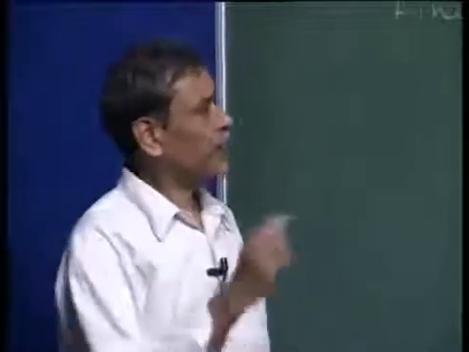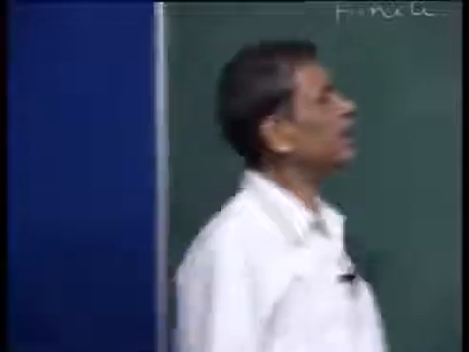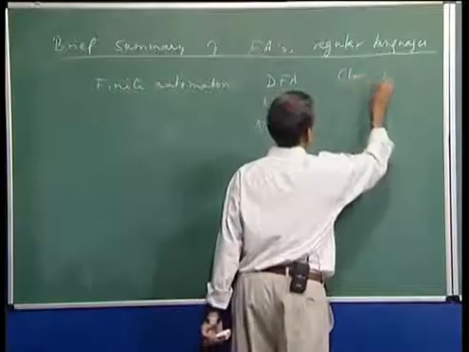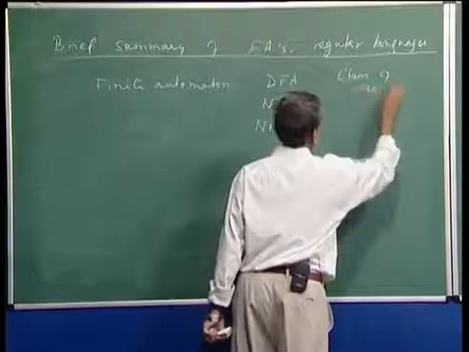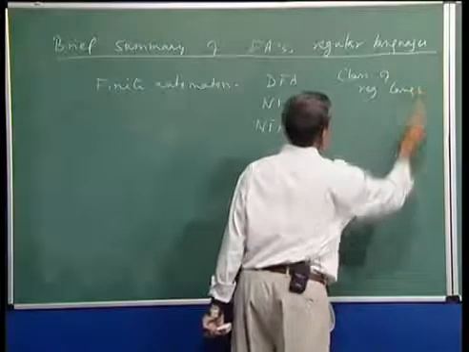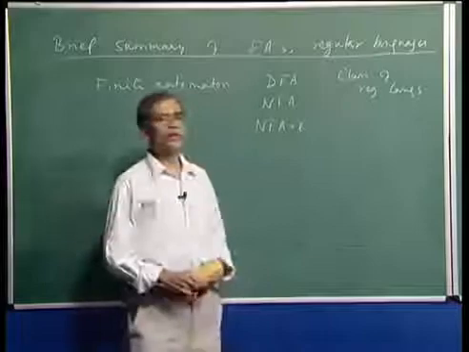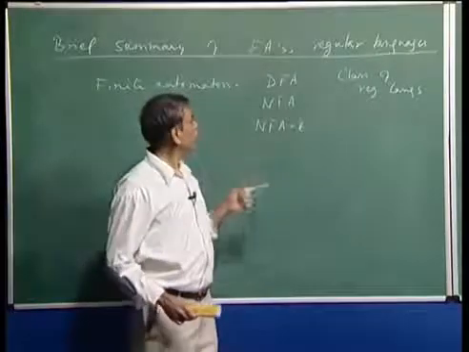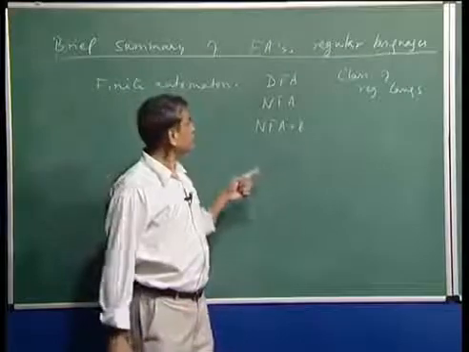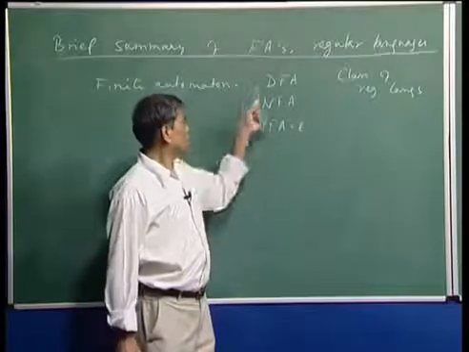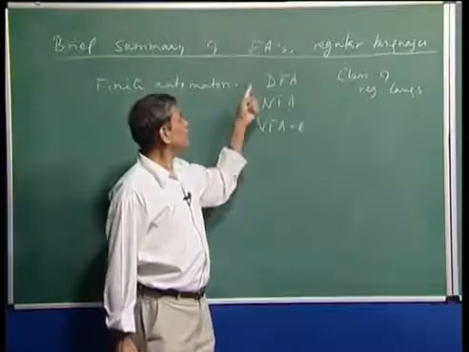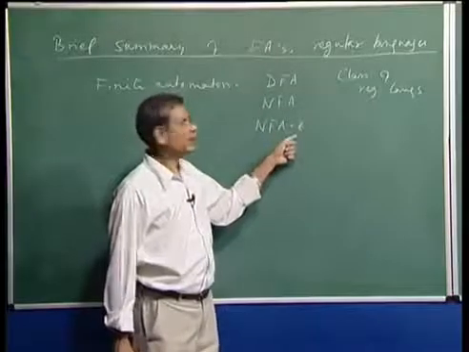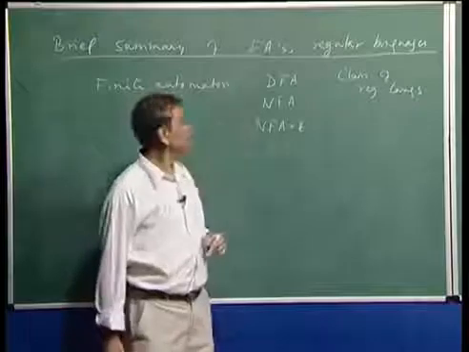At the same time, right in the beginning, we had defined the class of regular languages. By definition, a language is regular if there is a DFA to accept it. Then what we found was, of course, it was easy to see that NFA is a generalization of DFA, and NFA with epsilon transitions is a generalization of NFA.